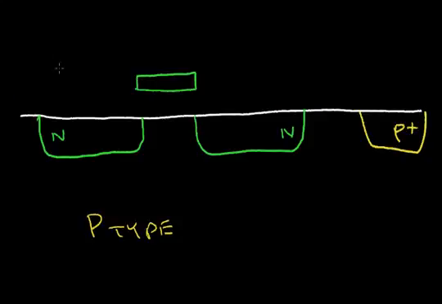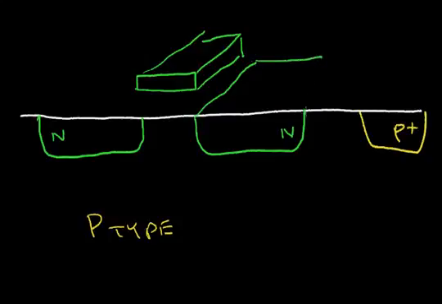In reality, there's a third dimension, so this gate electrode extends in the other direction. And this diffusion region does the same, it extends in the other dimension.